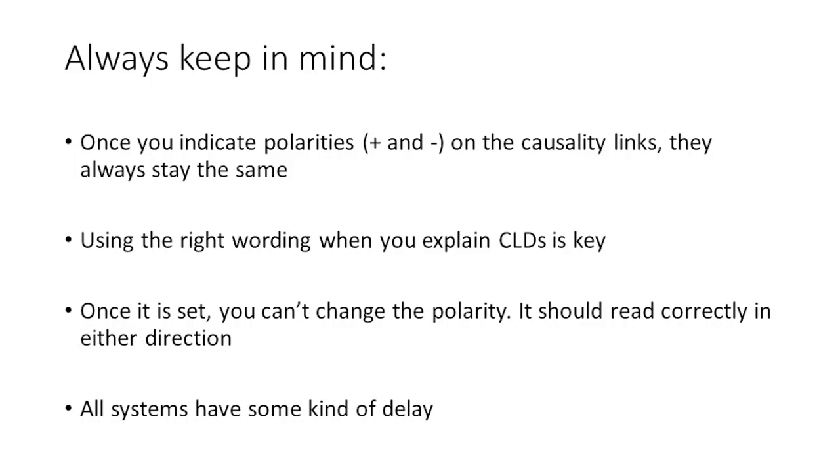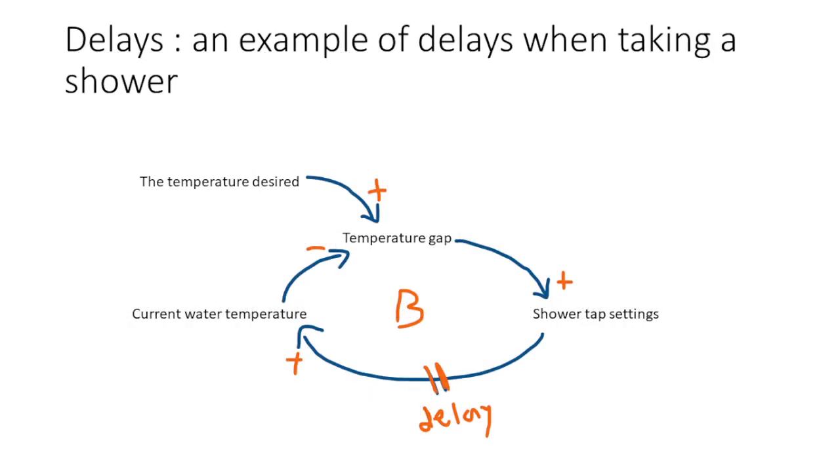And a delay is when an action between two parts in a system is much slower than the rest of the system. A good example that Haraldson used is when you take a shower. Everybody knows that it takes some seconds for the hot water to become warm. Since it is cold in the room, we want the water to become warm as quickly as possible, so we turn the shower tap wide open.